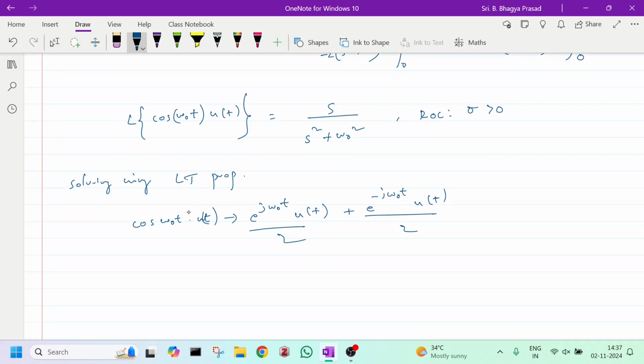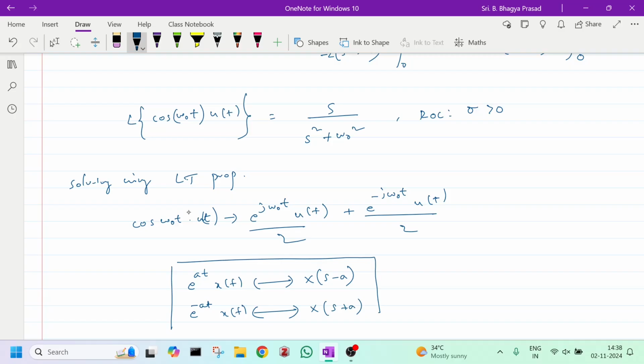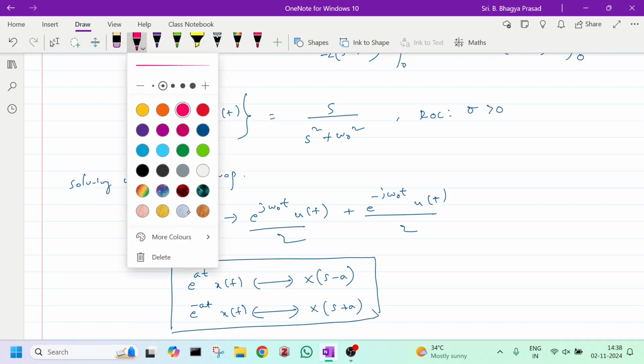So I will take u of t as the x of t. Here I am using the frequency shifting property: e power at x of t gives x of s minus a, and similarly e power minus at x of t gives x of s plus a. So I am using these two frequency shifting properties.